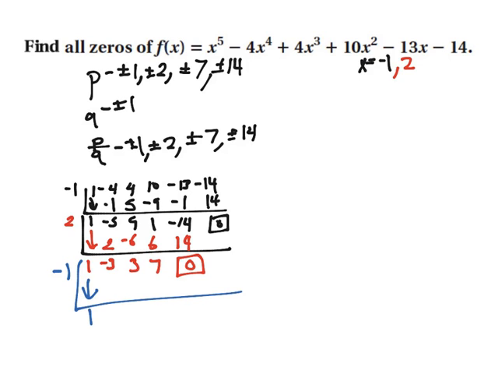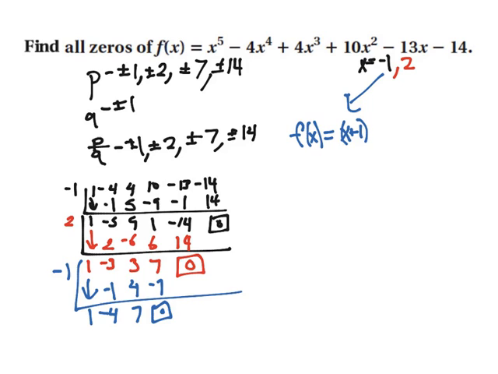Drop the 1, negative 4, 4, 7, and negative 7. And that's 0.